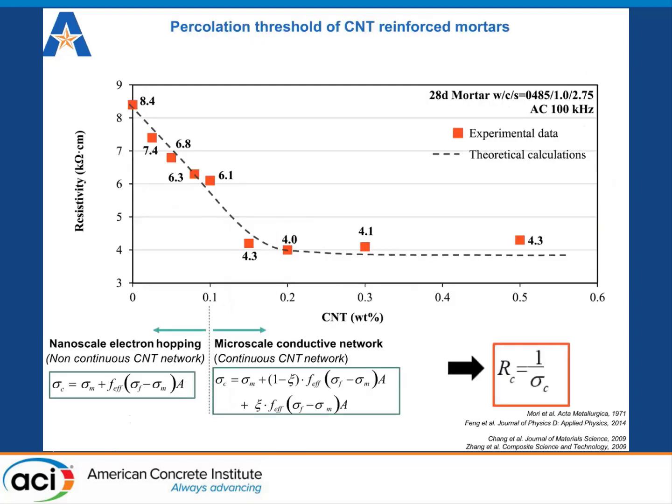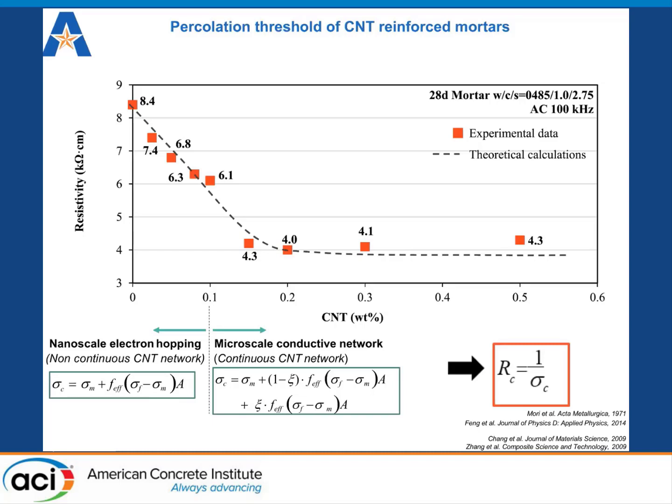So in this figure, you can see the plot of the percolation threshold using the resistance values that we collected through the impedance measurements at the cusp point. The frequency was 100 kilohertz.